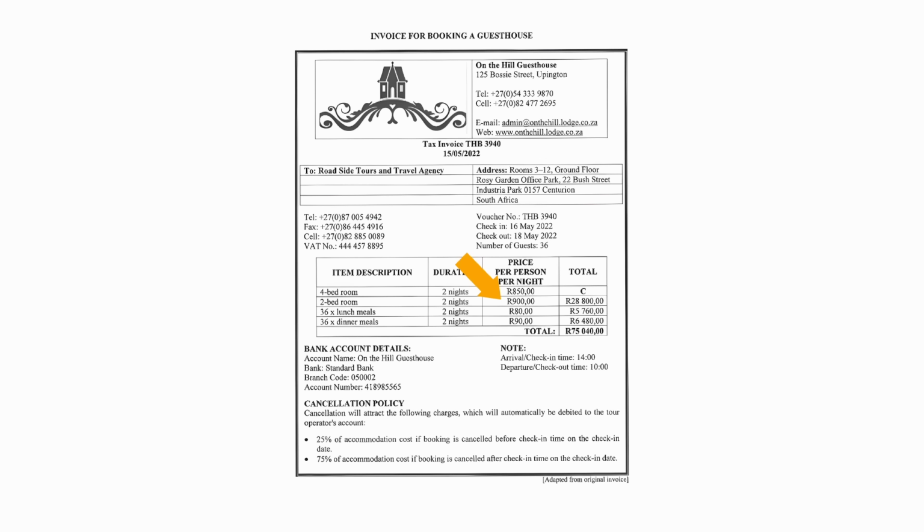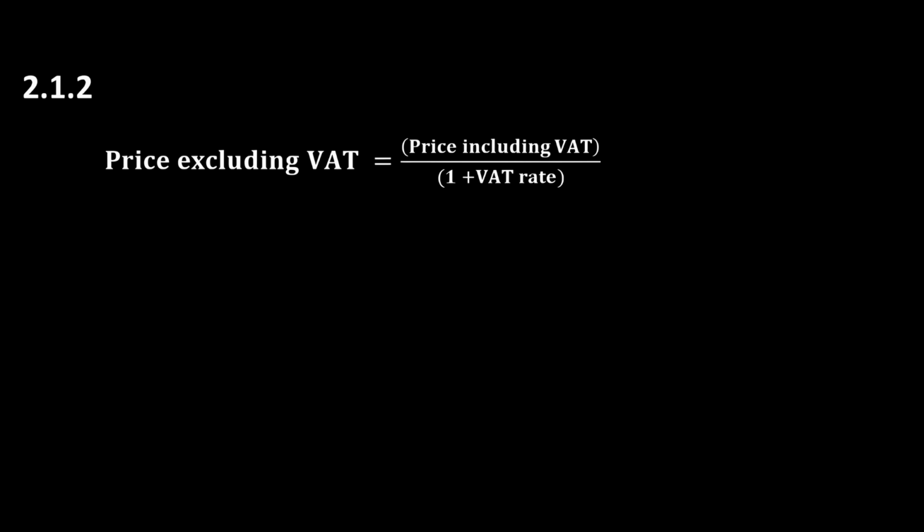The cost for a 2-bedroom accommodation is given as 900 Rand including VAT. The price including VAT is the actual price of the goods or services plus VAT charged on it. To find the price excluding VAT, we can use the following formula. The price excluding VAT equals the price including VAT divided by 1 plus the VAT rate.